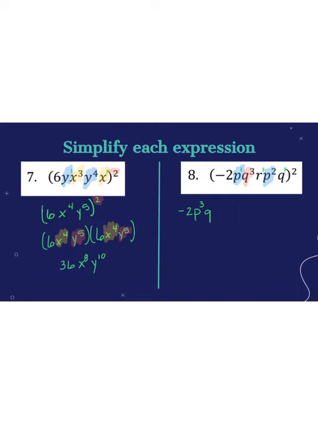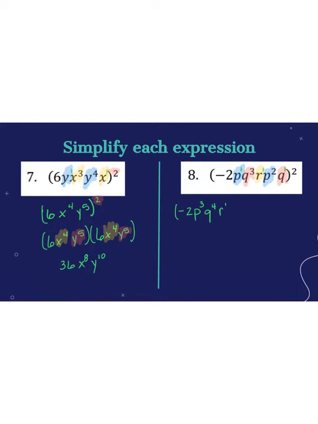I have 3 q's right here and 1 q right there. So that's going to be q to the fourth. And then finally, my r is the only thing I have left. That is the only r, so it's still going to be r to the first.